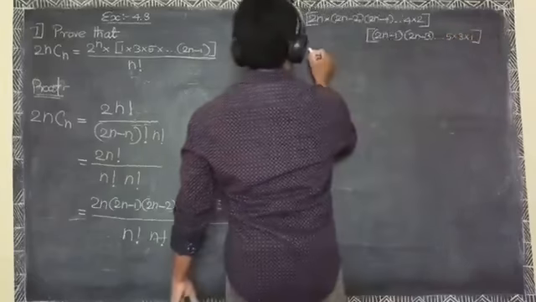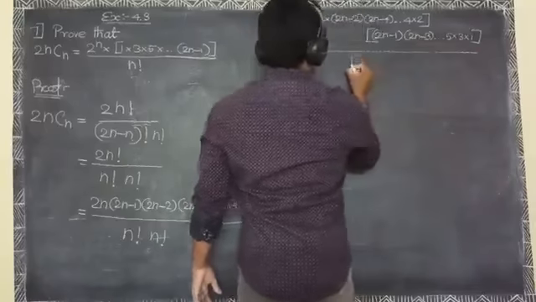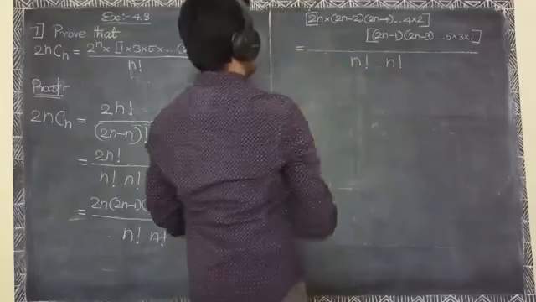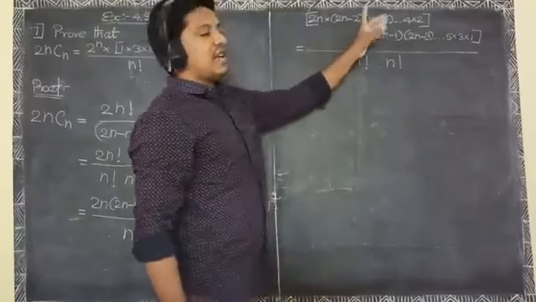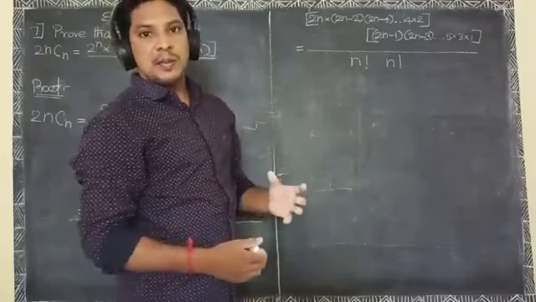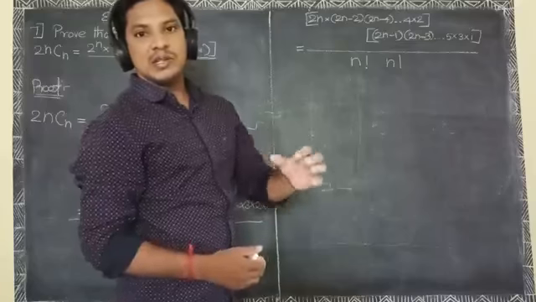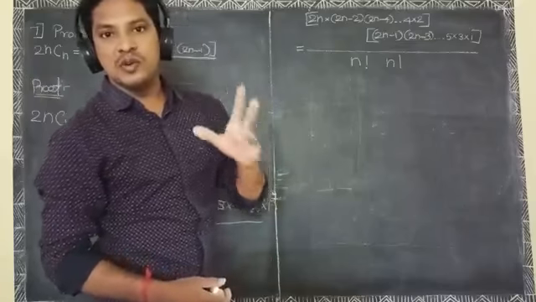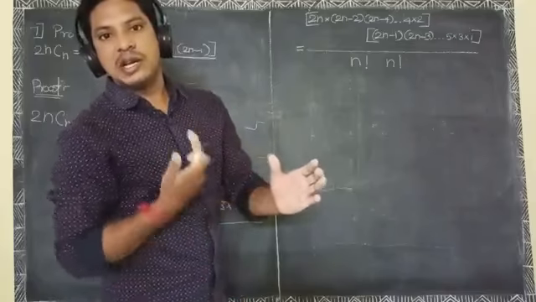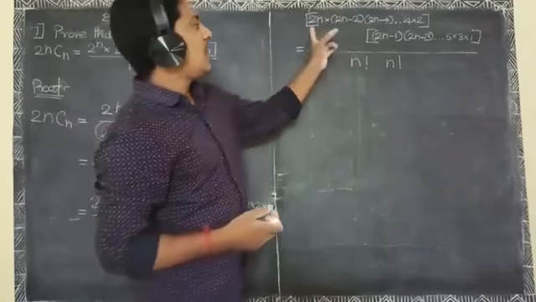Then the denominator is n! into n!. Here all terms in the product of even numbers are multiples of 2, so we take the number 2 outside in all the terms.